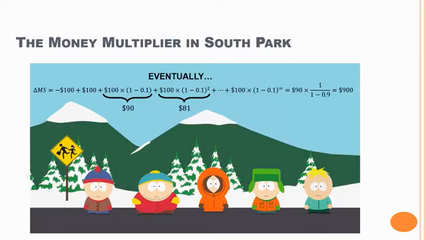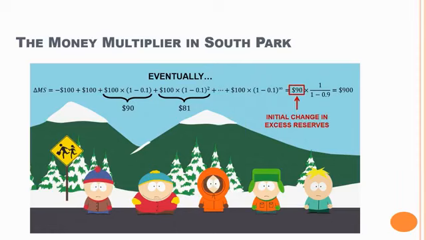You have a ratio of 0.9. And we know how to calculate the infinite sum of a geometric series. It's simply equal to the initial term multiplied by 1 divided by 1 minus the ratio, which is 0.9. So this way we can determine the final change in the money supply.